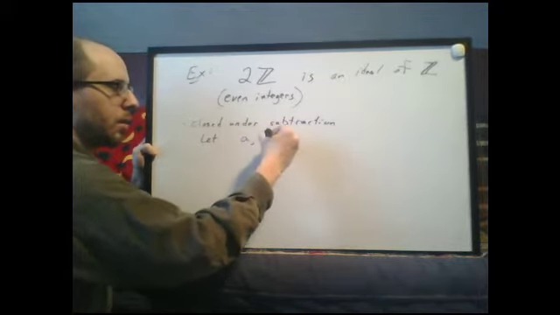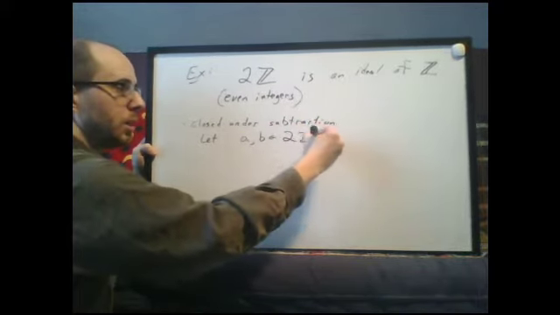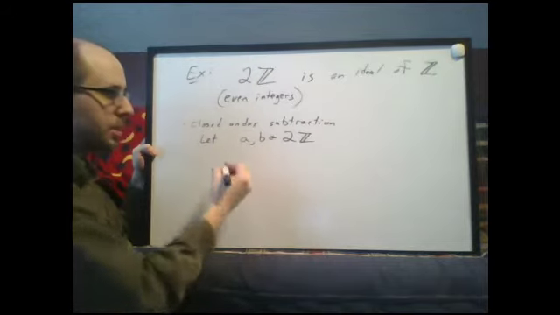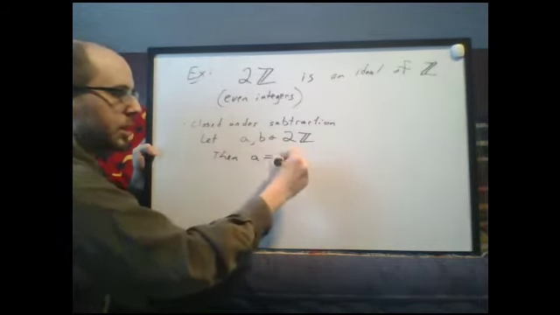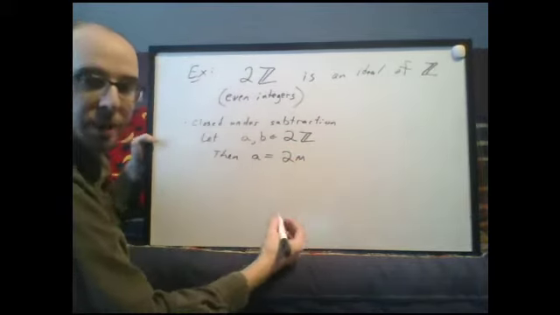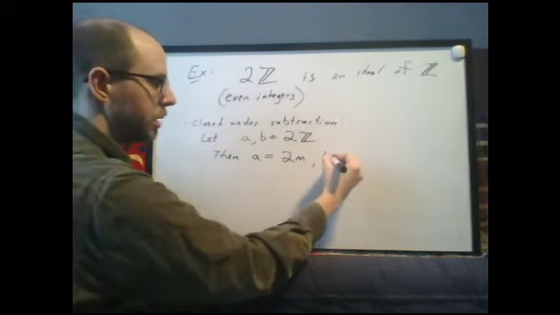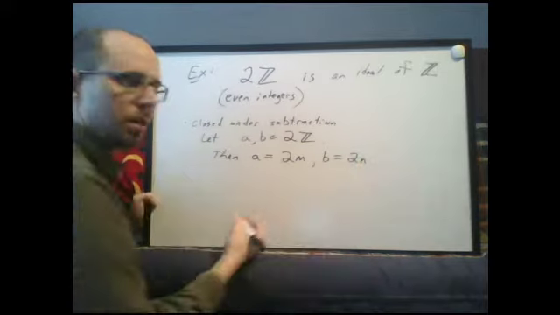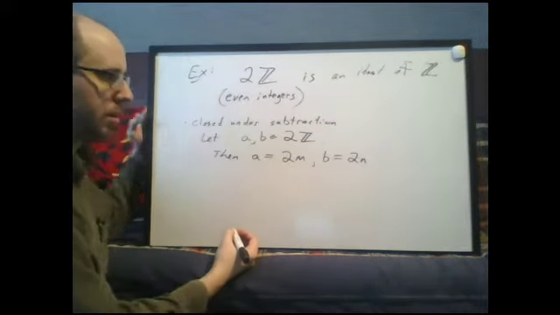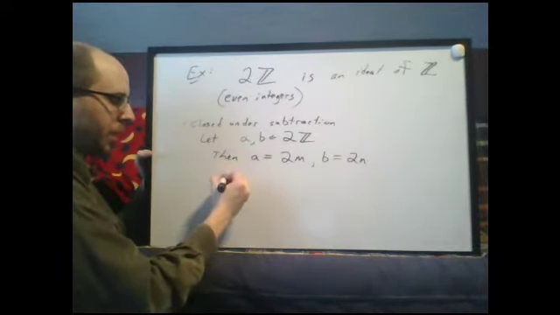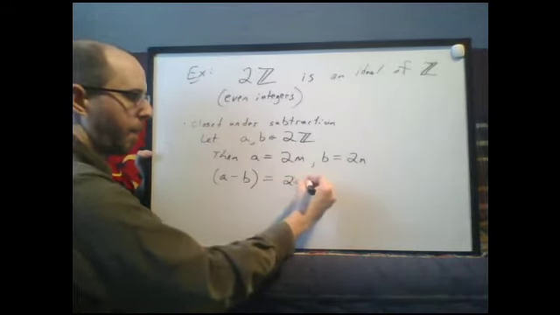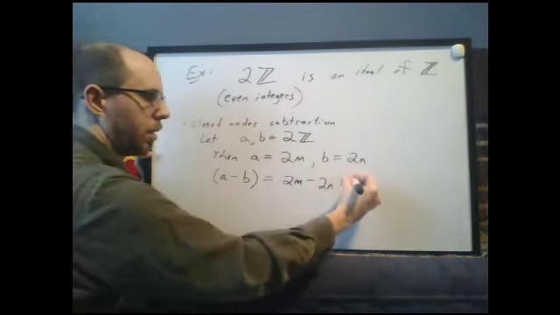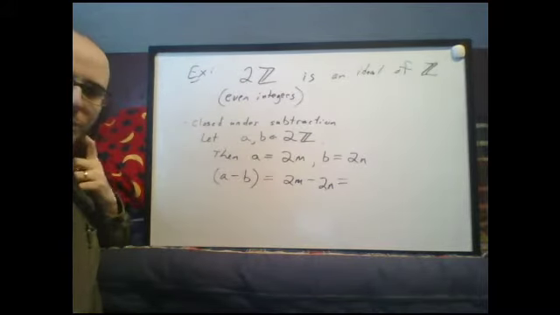Let a and b be elements of 2Z. What that means is a is equal to 2 times m for some m, and b is equal to 2 times n for some n. If I look at a minus b, that's 2m minus 2n.